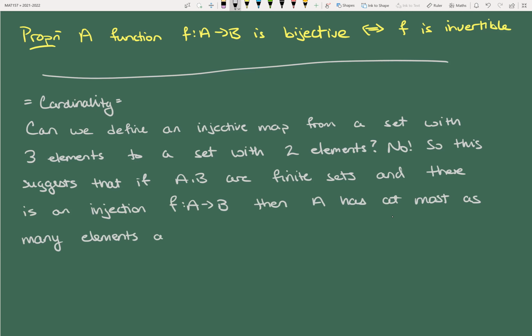A would be less than or equal to B. Does that make sense? Do you all agree? If there's an injective map, A should have fewer things in it, right?